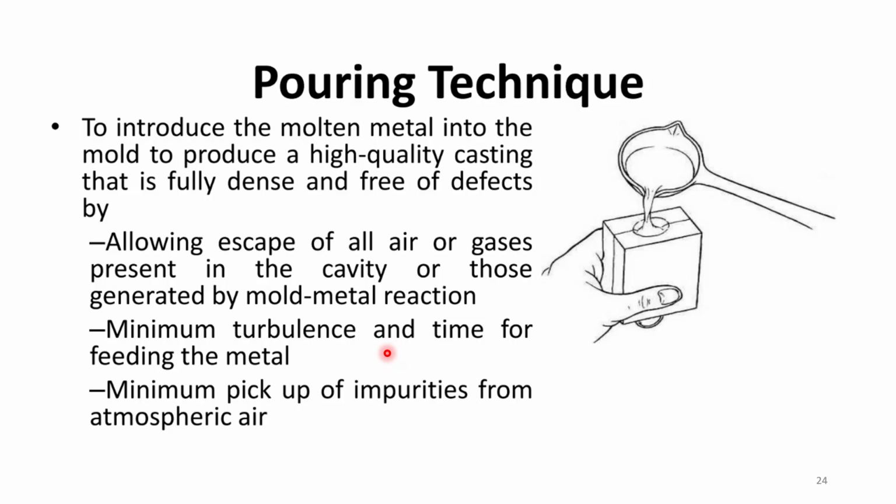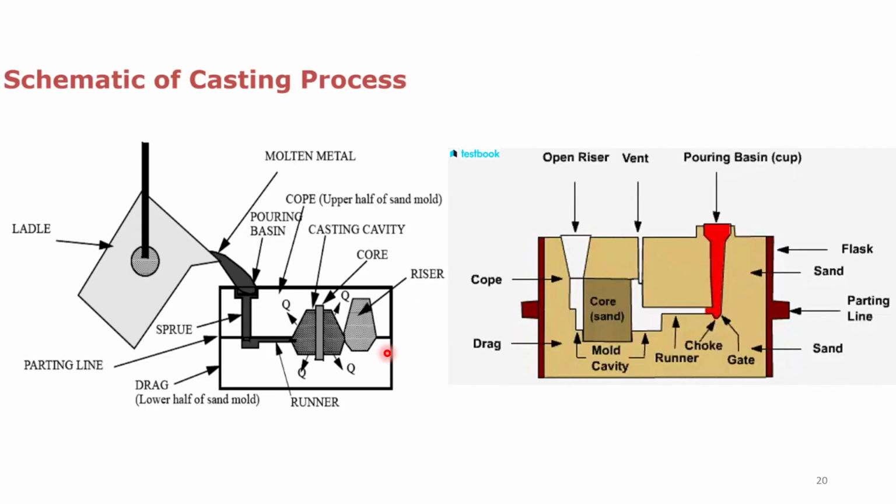Now these pouring techniques can be different. So for example, you had this type of ladle. For the pouring, pouring can be top pouring and it can be bottom pouring as well. Bottom pouring has certain advantages.